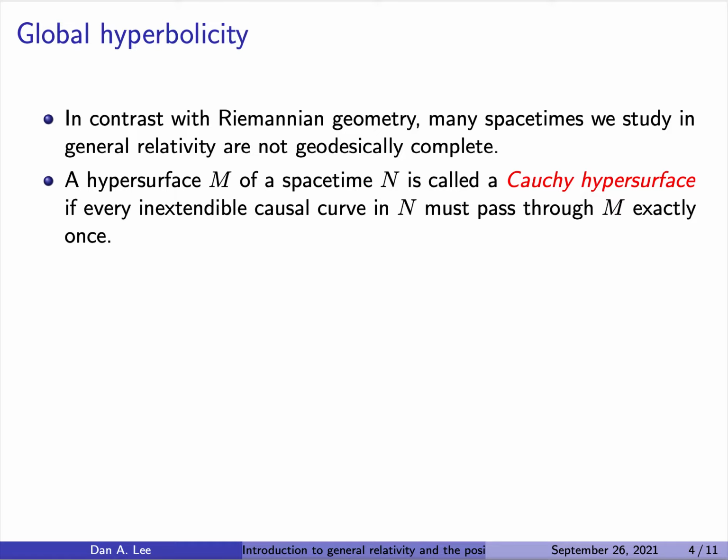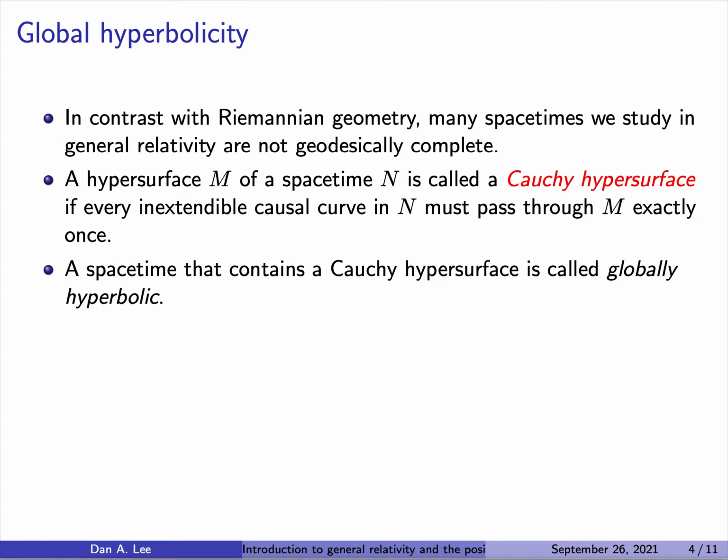If you could pass through more than once, that would be bad for causality, because it would mean you have a curve that is hitting M twice, which means that if you leave M, you can then come back to M. And M should be thought of as a snapshot in time. So things happening more or less simultaneously are only separated from each other in space. So you don't want to be able to leave M and then come back to M. That's the idea of the significance of this Cauchy hypersurface.